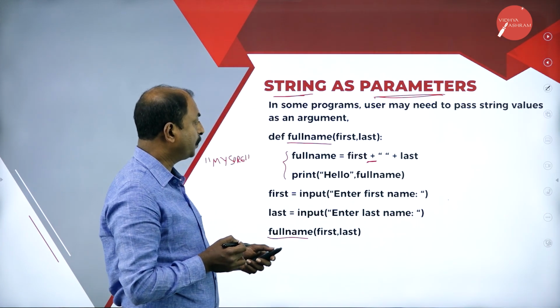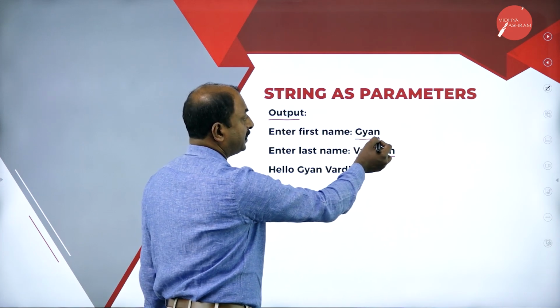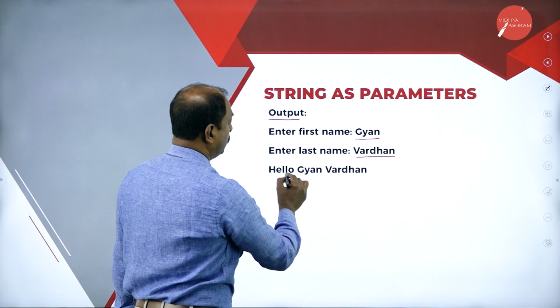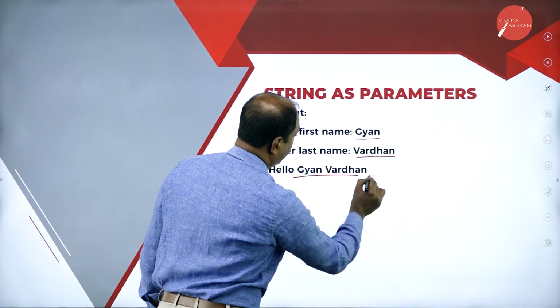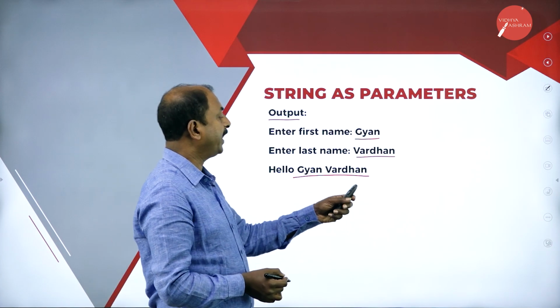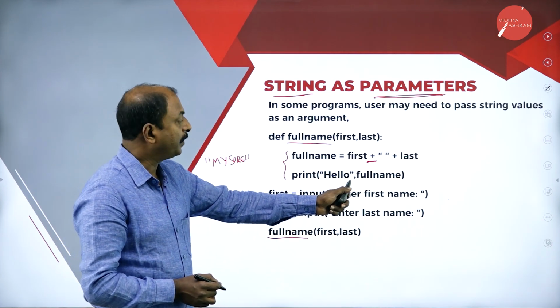If you look at the output, Gyan is one string, the first variable, and this is the last variable, and it combines these two strings and gives the output, hello Gyanvardhan. This is the statement I have written here: print hello comma full name.